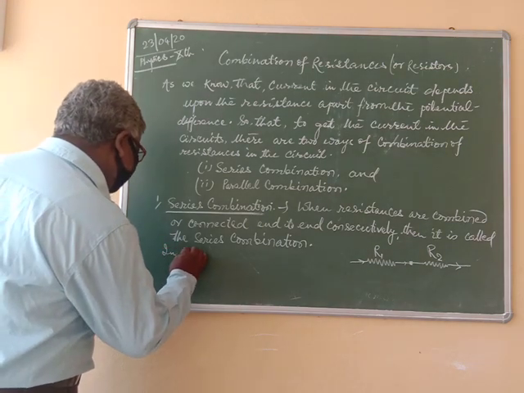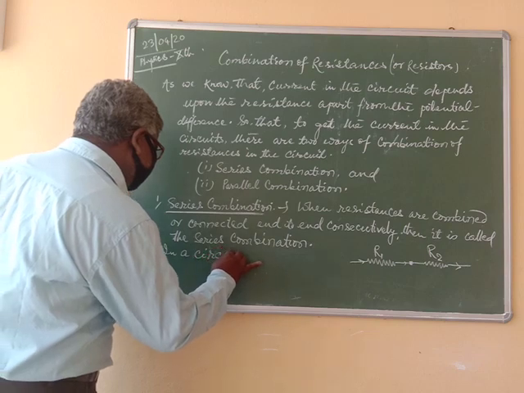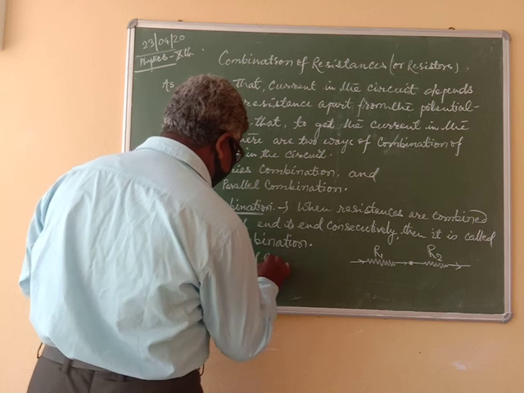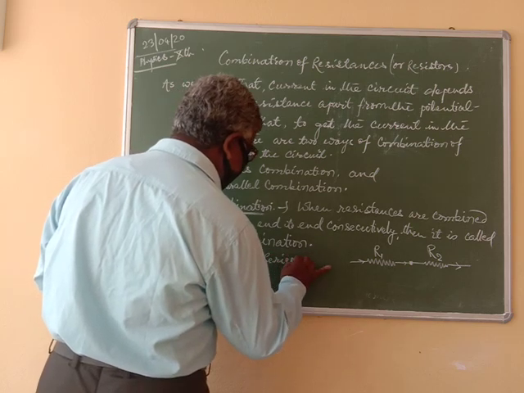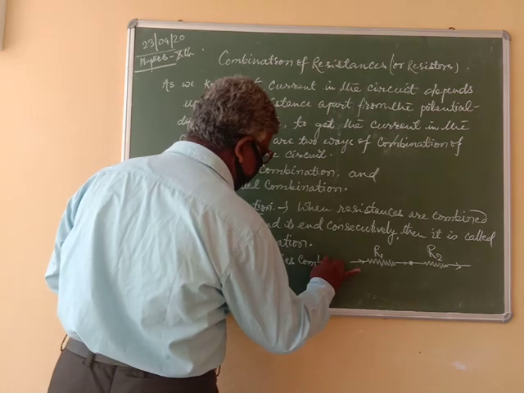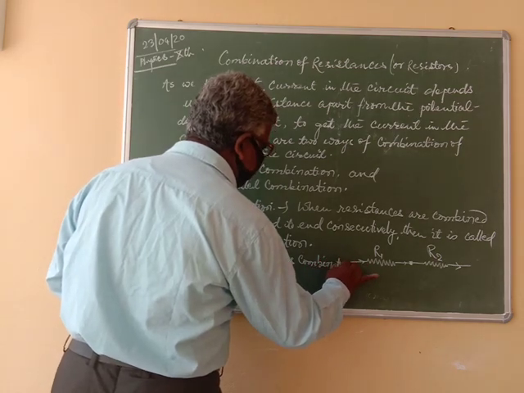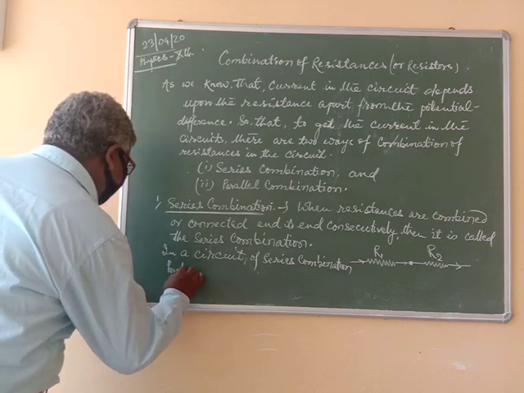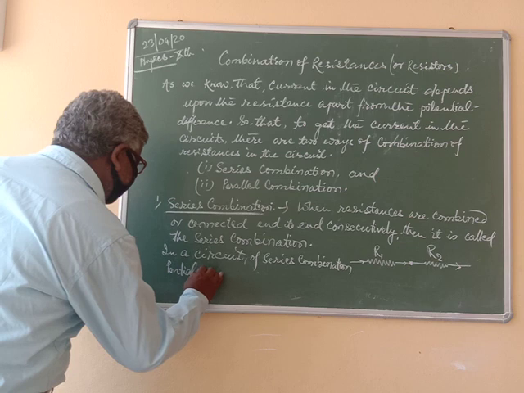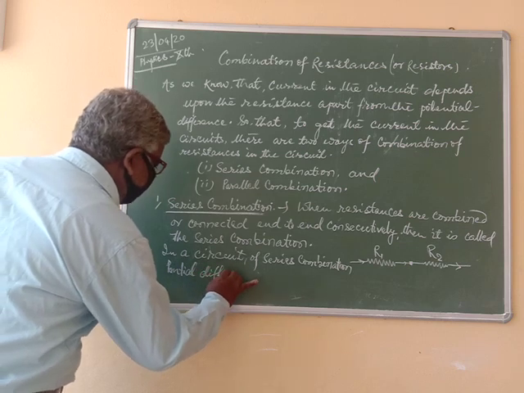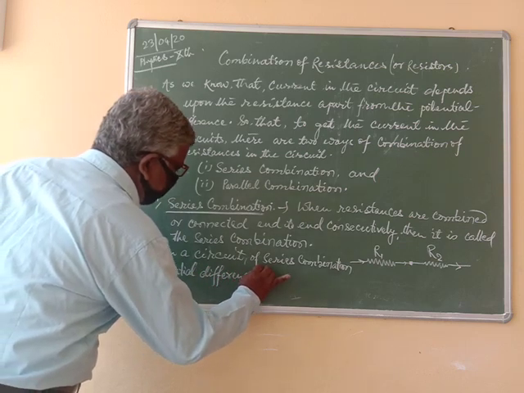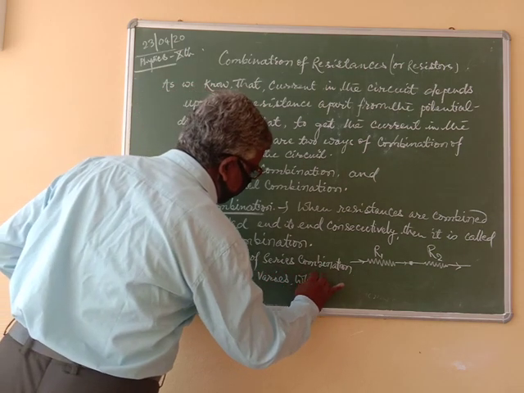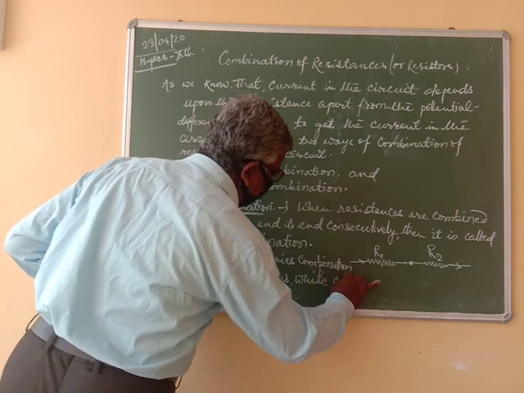In a circuit of series combination, potential difference varies while current remains constant.